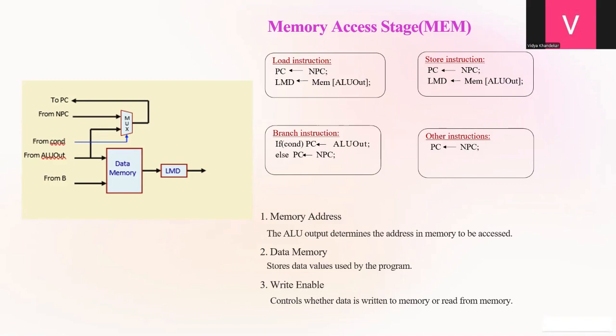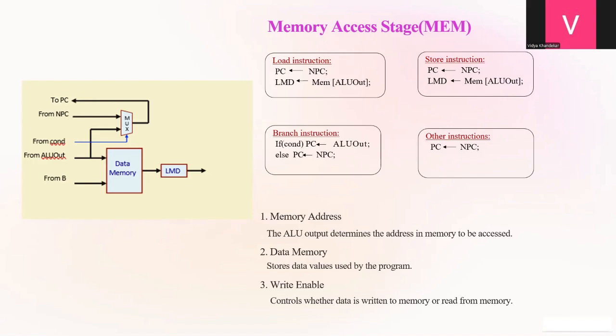This is the data memory from where we will fetch data. Now we know that if we need to read from a particular location, we need to put the address in MDR, and then we will hit the data memory.